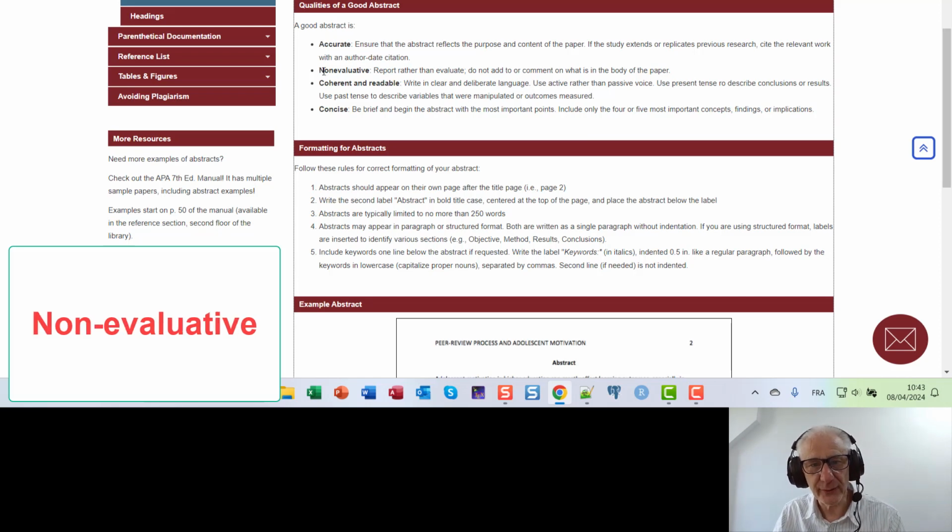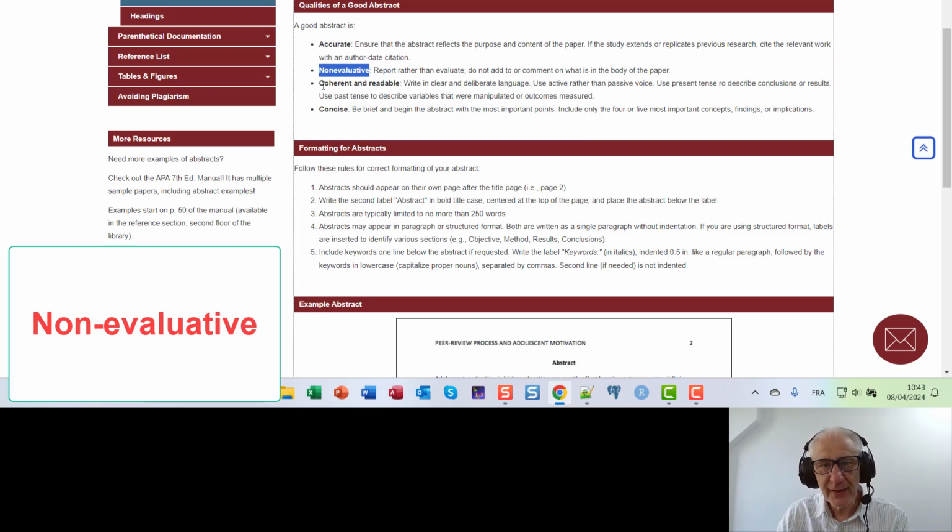Non-evaluative. What does that word mean? Well, you're using your abstract not to discuss anything. You're using your abstract just to summarize what you've already discussed in other parts of the paper. So no new ideas in the abstract, only ideas that you've already included in the rest of your academic poster.